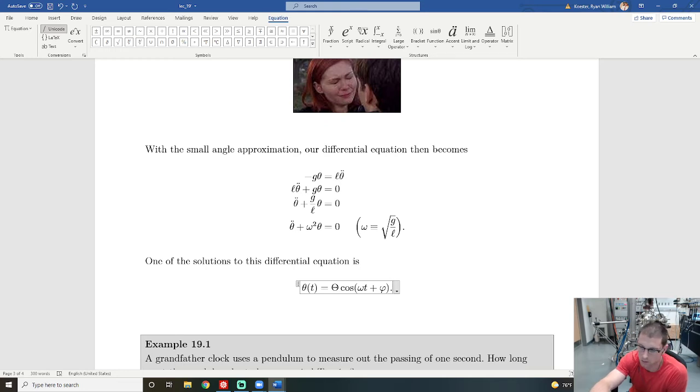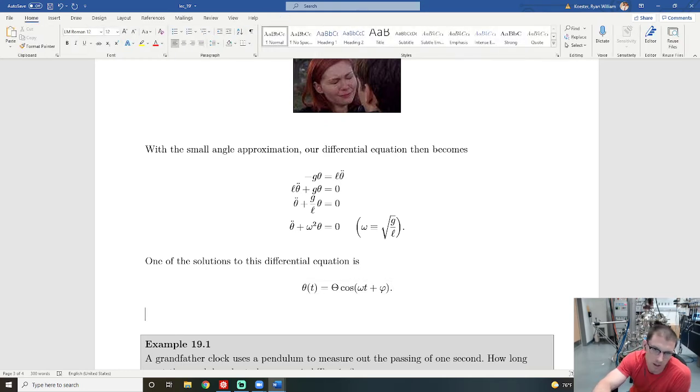So it will satisfy the equation we wrote, but you should check that just to be sure. Okay, and so notice that except for the notation, this is exactly the same form as the mass on the spring, which is kind of cool, I think.